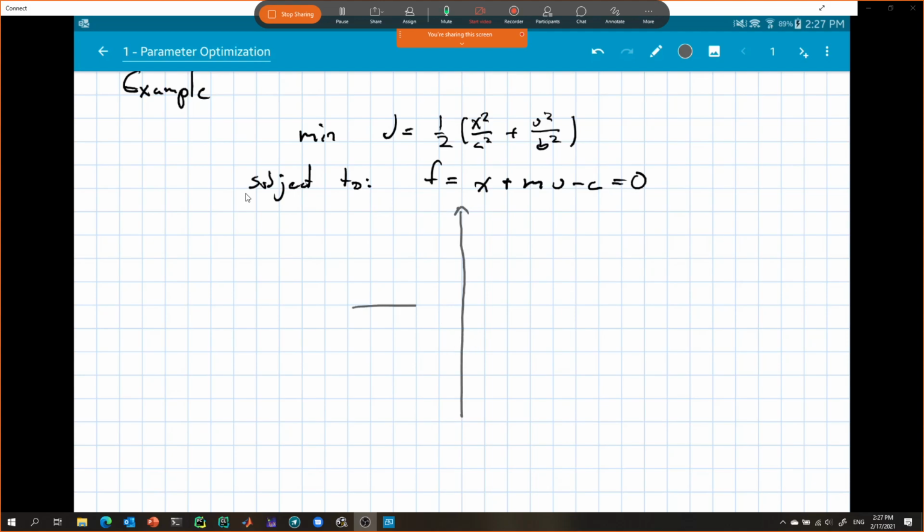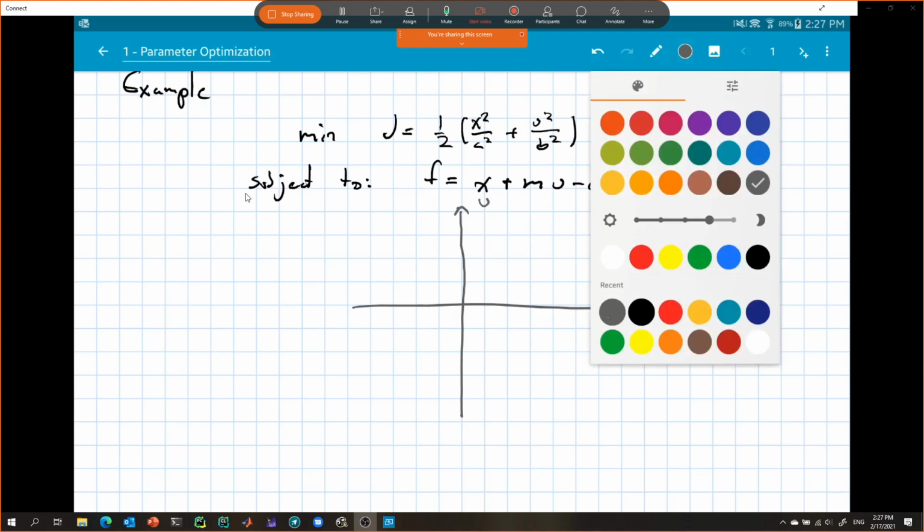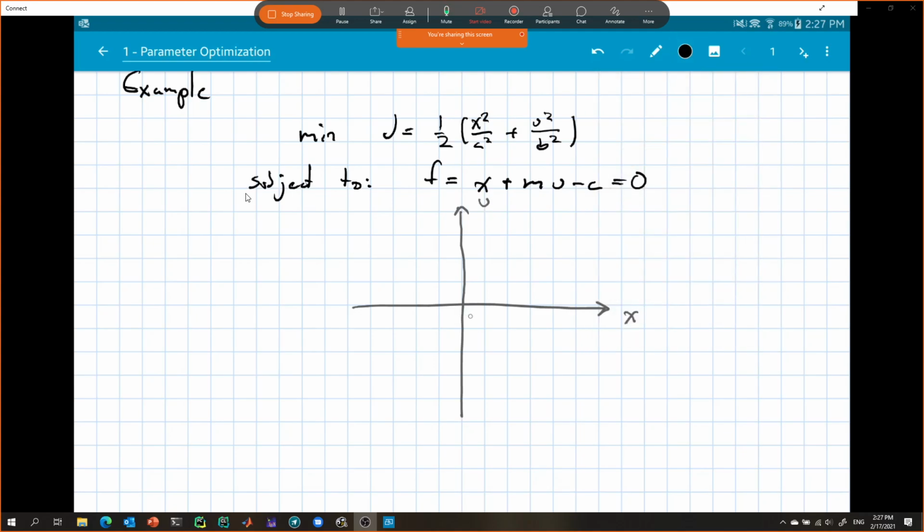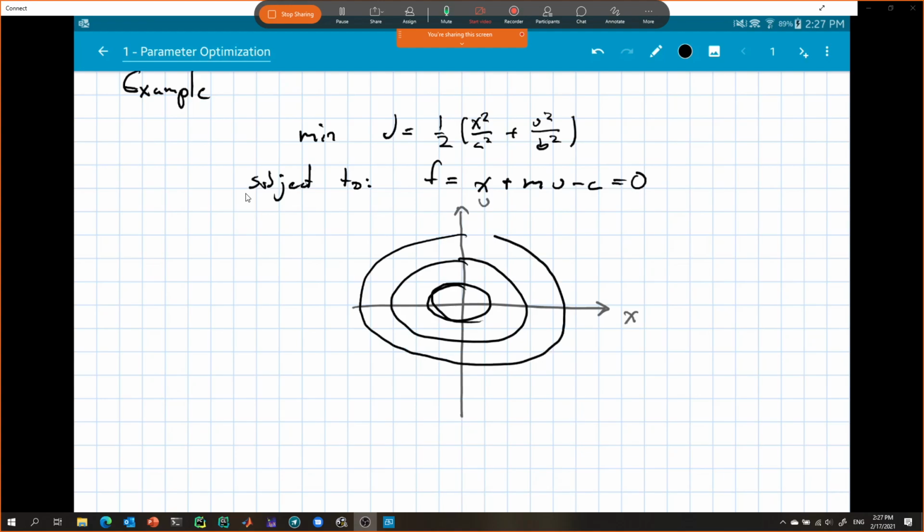So we call this x and call this u, and then we have these ellipses here. As we go this way, J is increasing. This is the smallest cost because J is 0 at the middle, and as you go out, it increases with those contours.